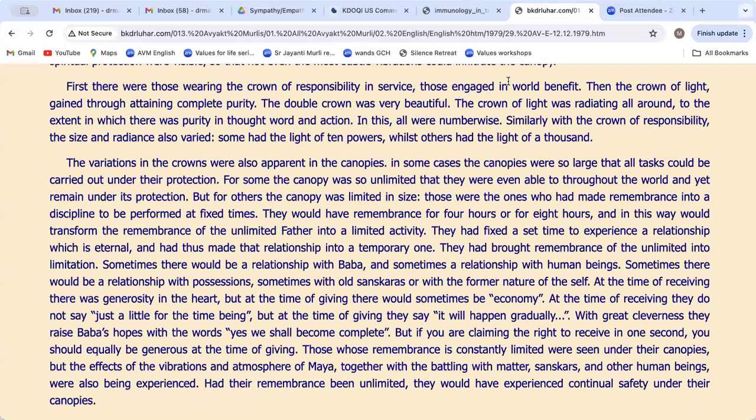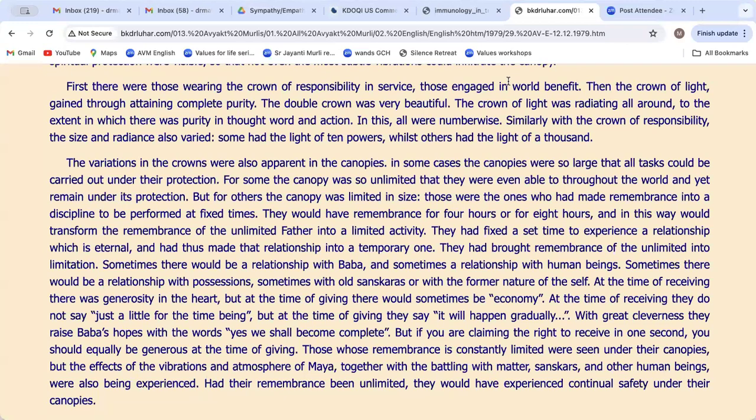Those whose remembrance is constantly limited were seen under their canopies, but the effects of the vibrations and atmosphere of Maya, together with the battling with matter, sanskars, and other human beings, were also being experienced.